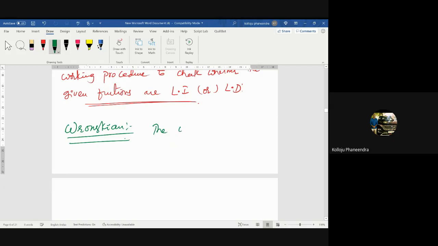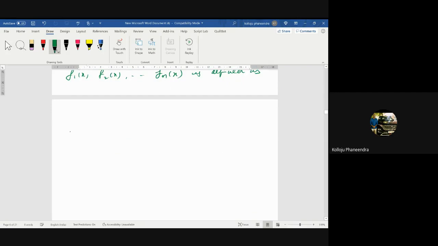The Wronskian of n functions f1(x), f2(x), and so on, fn(x), is defined as follows. It is represented by W(f1, f2, ..., fn). First write the functions f1, f2, and so on, fn.